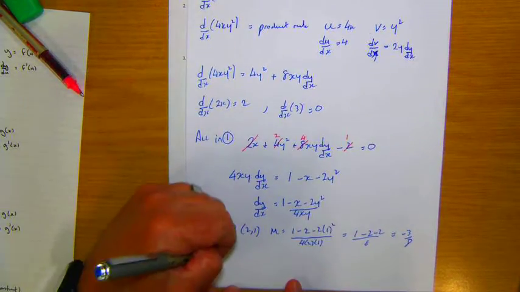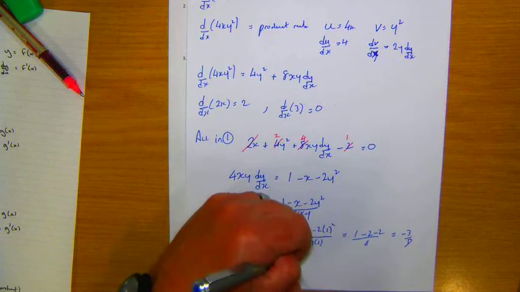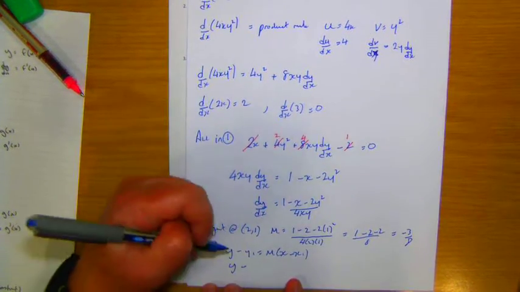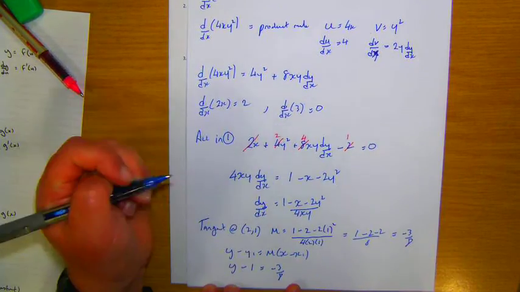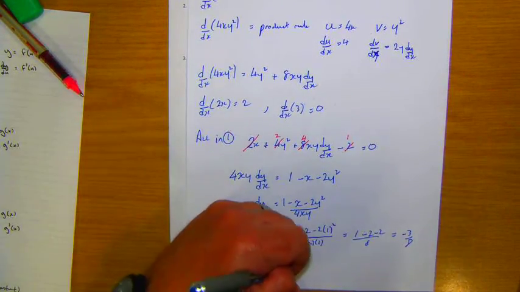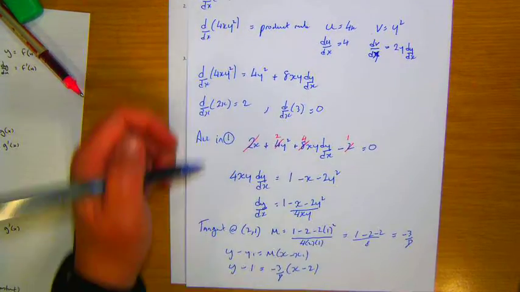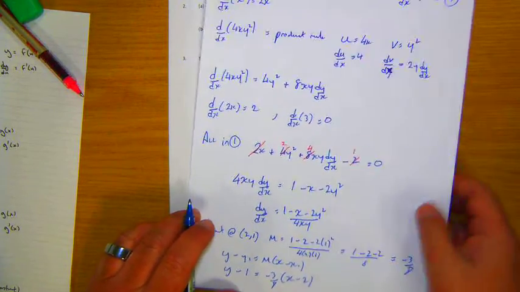So now y minus y1 equals m times x minus x1, y minus 1 equals minus 3/8 times x minus 2. I'm going to multiply by the 8 to get rid of the fraction.